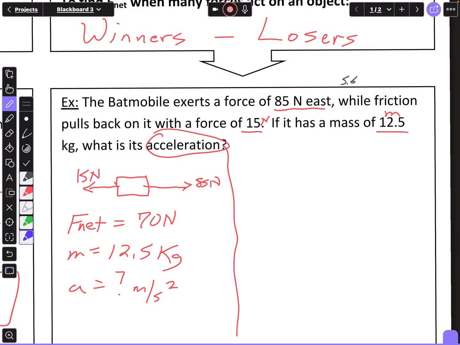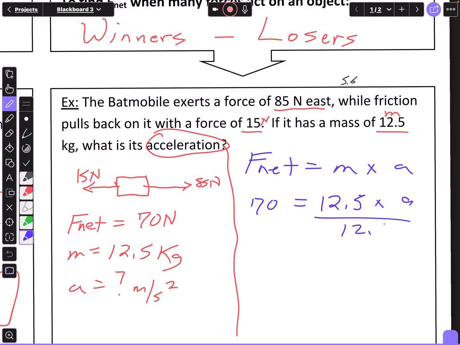Next, I'll write my equation. F net equals m times a. Plug in my numbers. F net was 70 newtons equals my mass, which is 12.5 times a. I've got to get a by itself, so I'm going to divide both sides by 12.5.